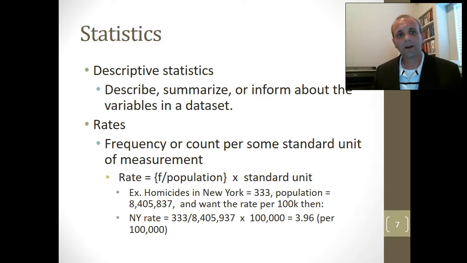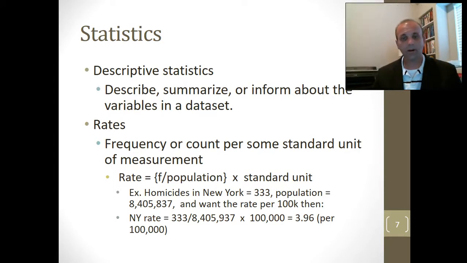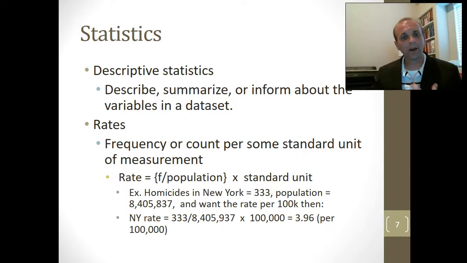But your text also talks about descriptive statistics. I know we discussed that in chapter 1 a little bit. Obviously, you're just describing the data, informing what the variable means. Within that, rates are often useful when describing data, like the NCVS, the National Crime Victimization Survey.